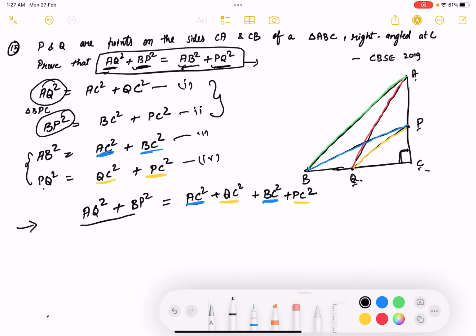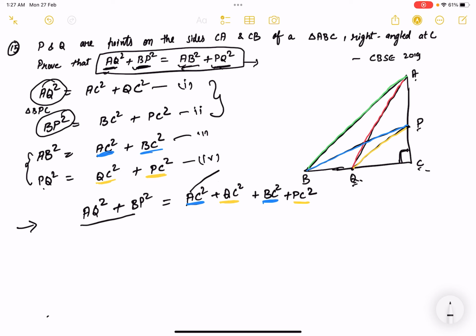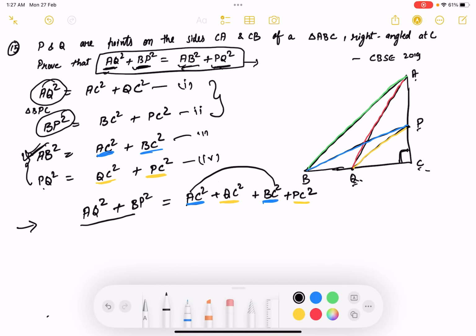So instead of the AC square and BC square terms, we can write AB square, and for the QC square and PC square terms, we can write PQ square.